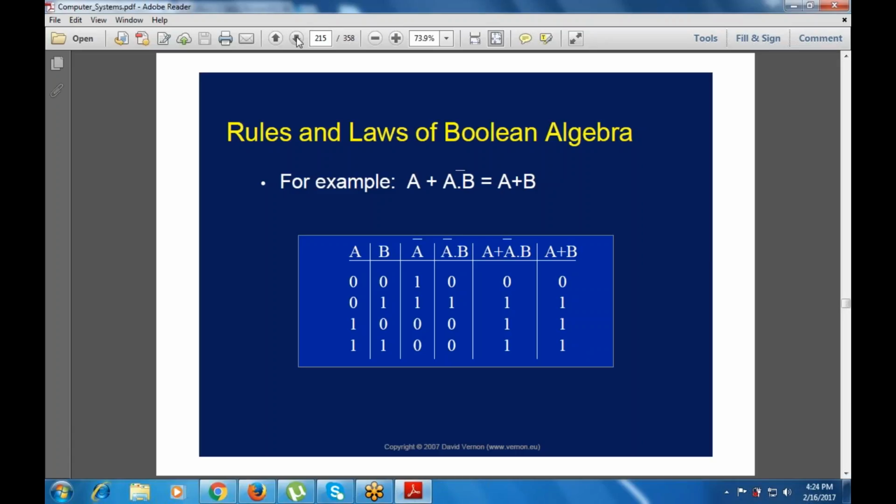Then A dash B, then A plus A dash B. So this is A dash into B, then A plus A dash into B, then A plus B. So these are the defined rules.